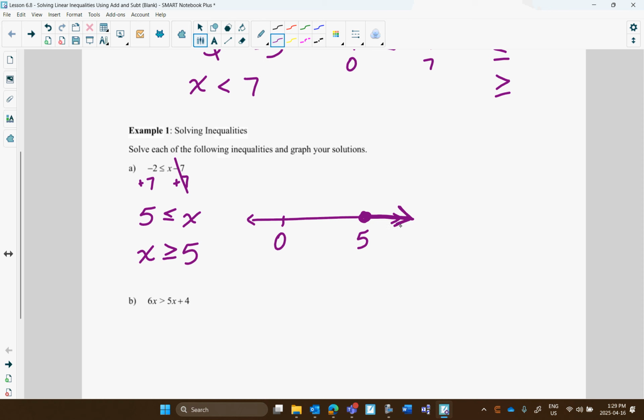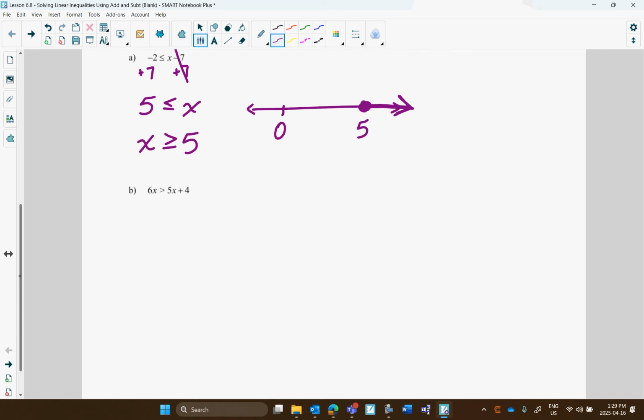Perfect. Remember, the direction of the inequality is always the same as the arrow.